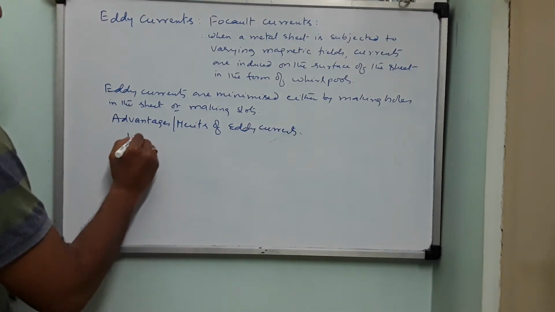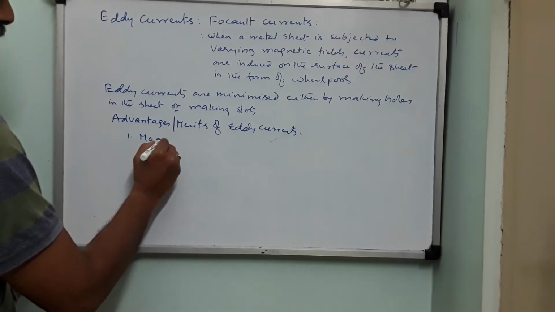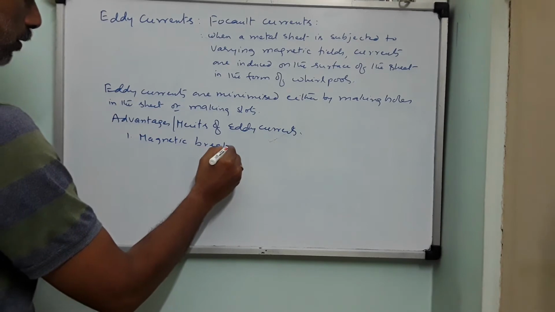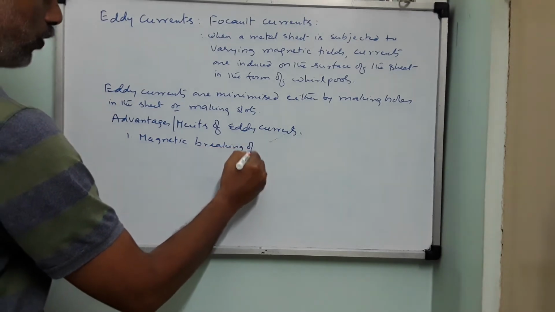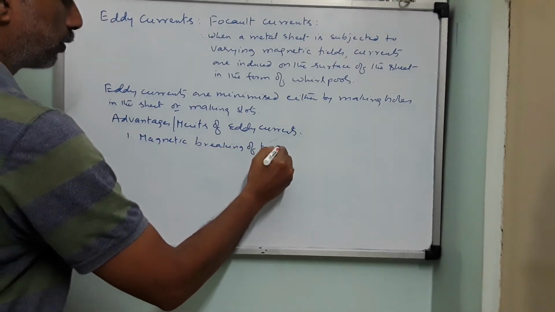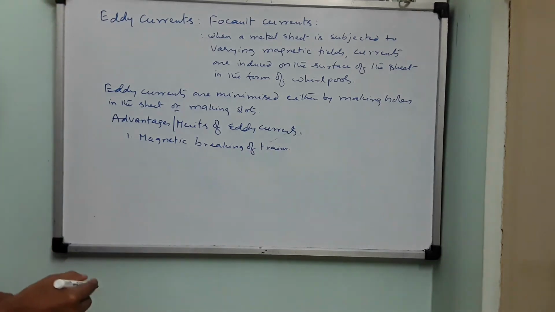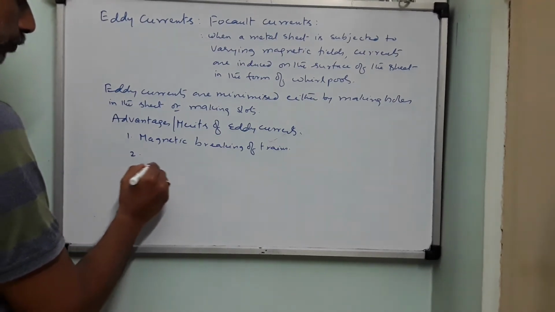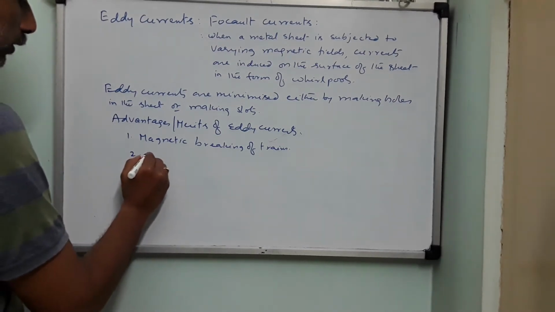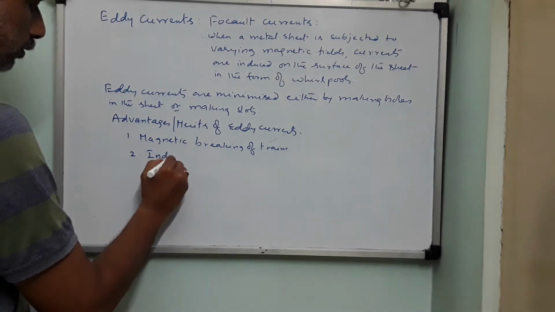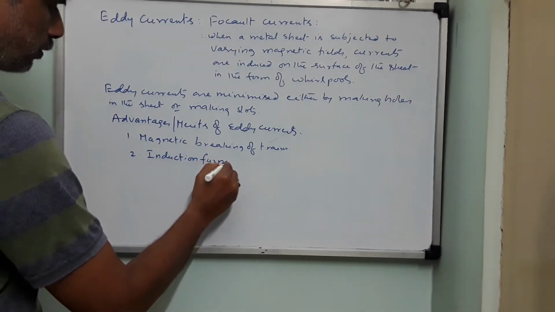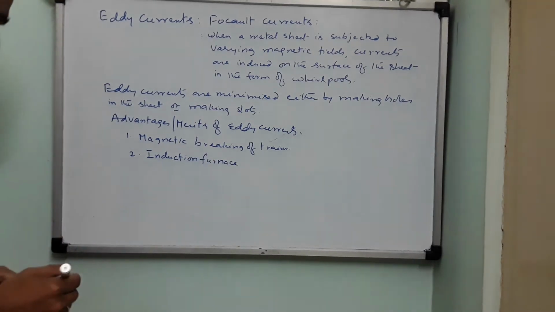Number 1, magnetic braking of trains. इलेक्ट्रिकल ट्रेन्स में ये यूज़ कर सकते हैं. सेकेंड वन इज इंडक्शन फर्नेस. Induction furnace.